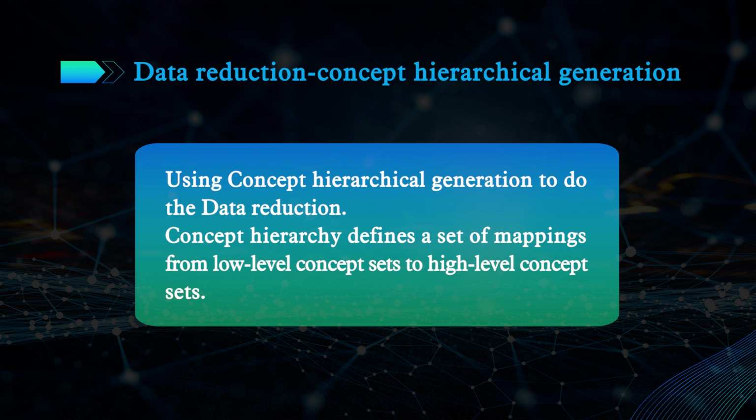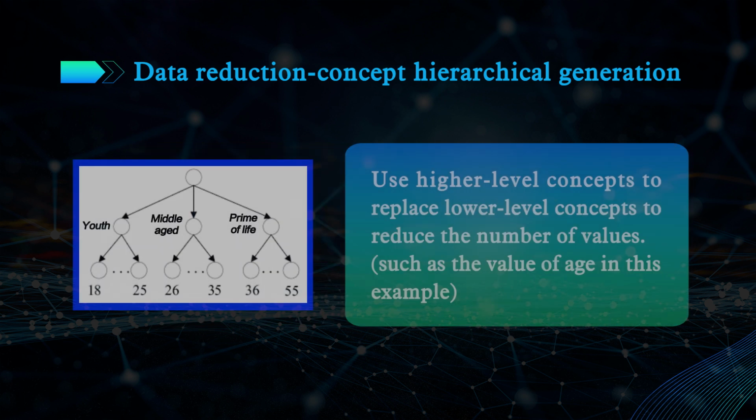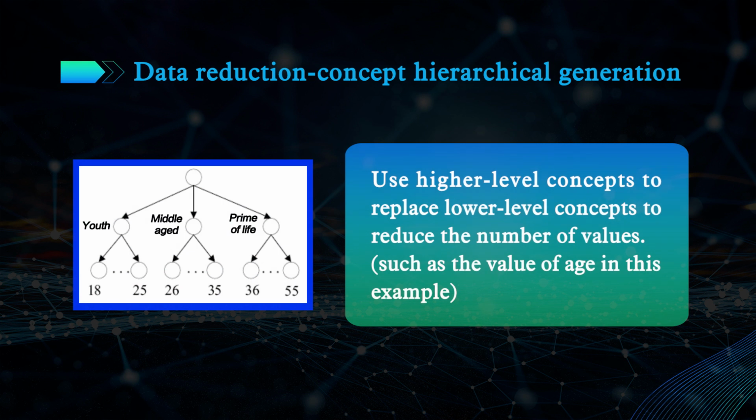It allows data to be processed at various levels of abstraction, thereby discovering knowledge at multiple levels of abstraction. Use higher-level concepts to replace lower-level concepts to reduce the number of values, such as the value of age in this example.